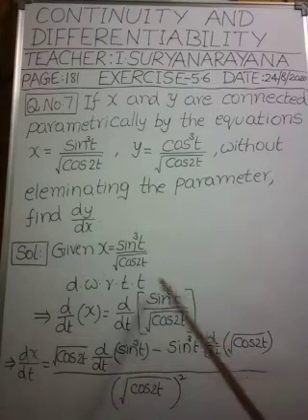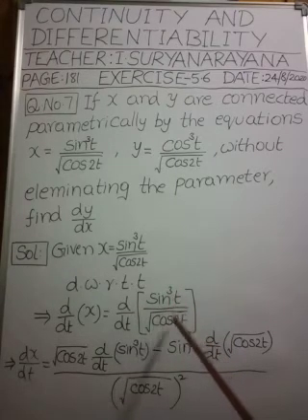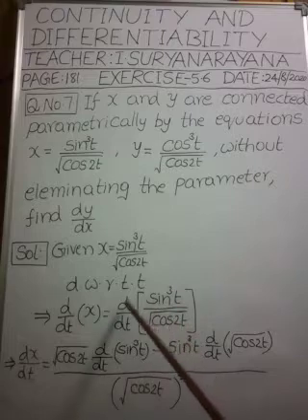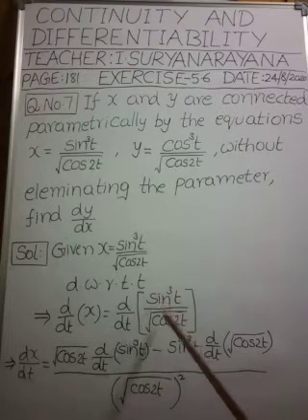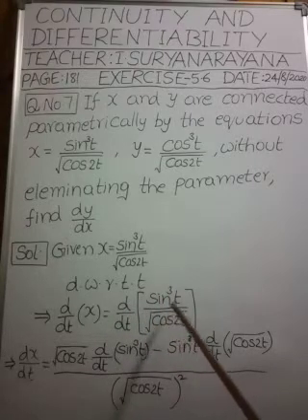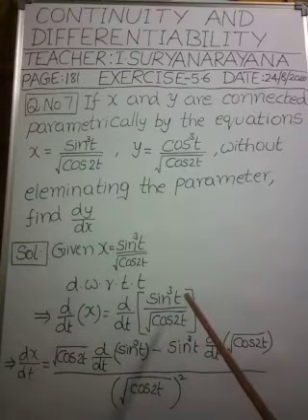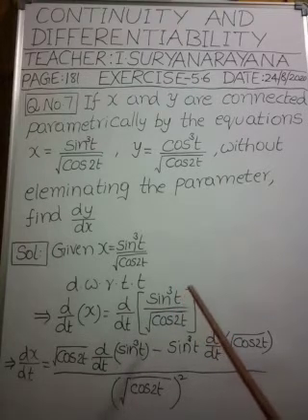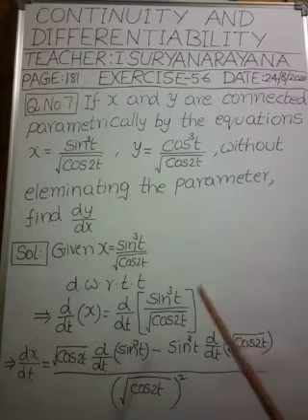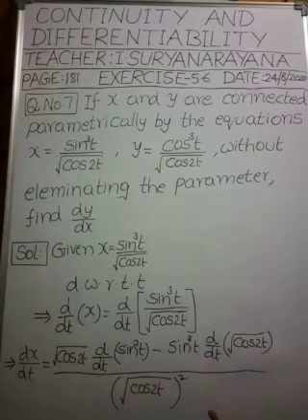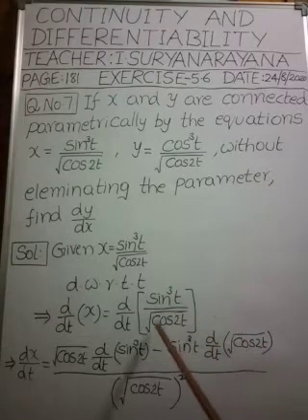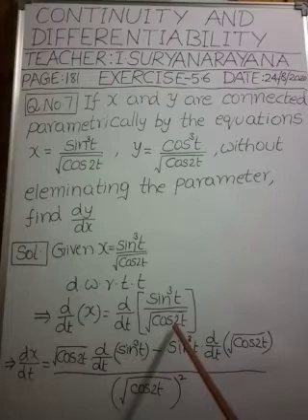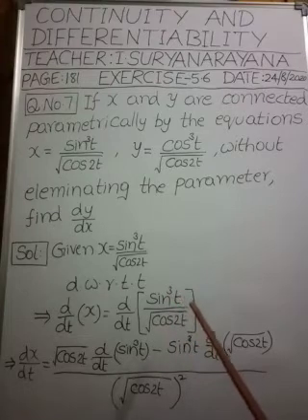If you observe the entire function here, it is in the form of f of x by g of x, d by dx of f of x by g of x. So we use the quotient rule. We have to identify the suitable formula to find the differentiation. So here this function is in the form of f of x by g of x, so we use that quotient rule.